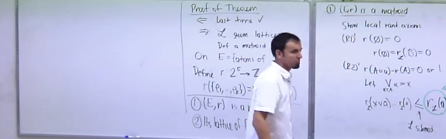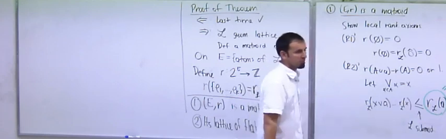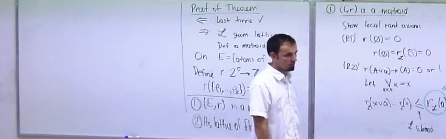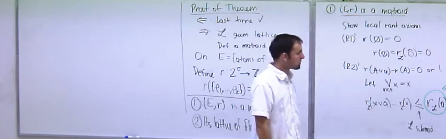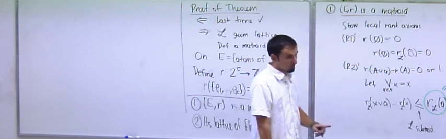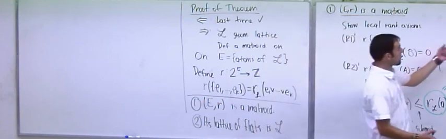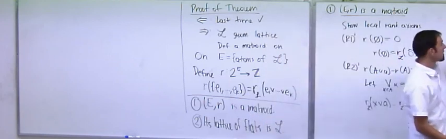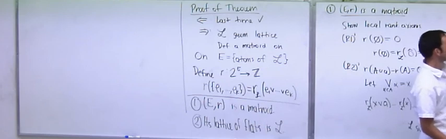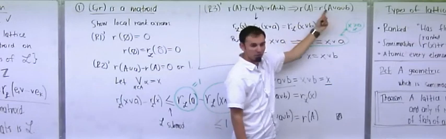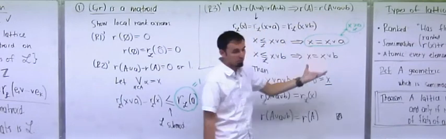Wait, okay, so that means that a and b are in the closure of A. But A was supposed to be closed. But hold on, because what closure? We don't have a matroid. Yeah, if we had a matroid, then this would say a is in the closure of big A, b is in the closure of big A, and the conclusion would be that a and b are in the closure of big A. If we had a matroid, but we don't.